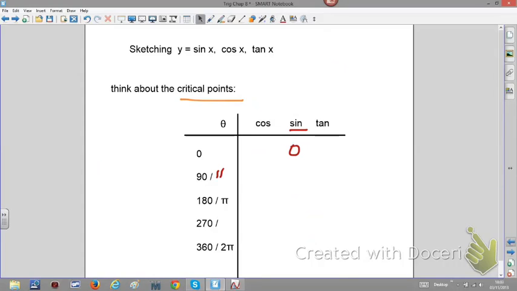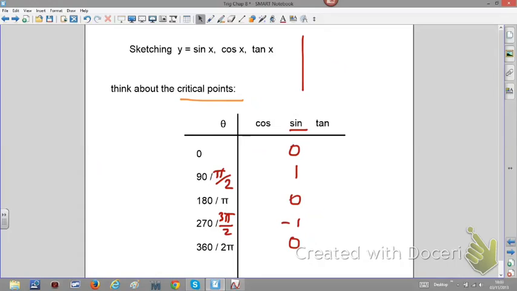Sine 90, or pi over 2, is equal to 1. Sine 180, or pi, is equal to 0. Sine 270, or 3 pi over 2, is equal to minus 1. And then sine 2 pi is equal to 0.